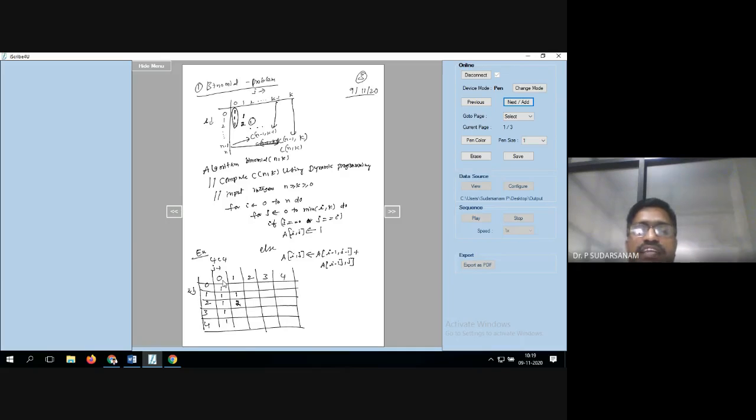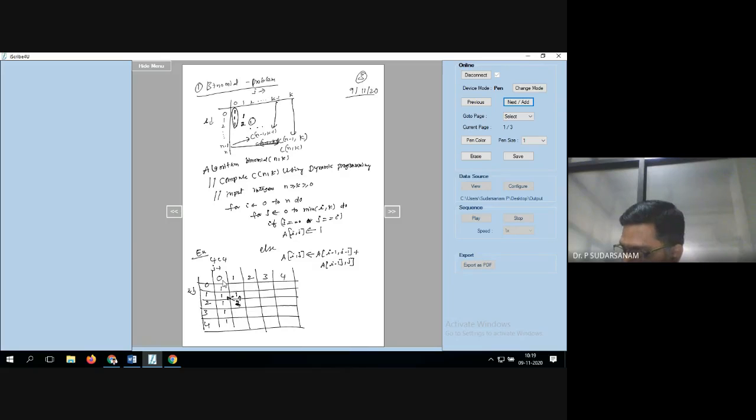Are you getting what I'm saying? A of i comma j you told is A of i minus 1 comma j minus 1. That is called the previous value, that is nothing but this value. And the one more you told, plus A of i minus 1 comma j, that is nothing but this value. These two should be added. Right. Now A of 2 comma 2. 2 comma 2 is nothing but, tell fast.